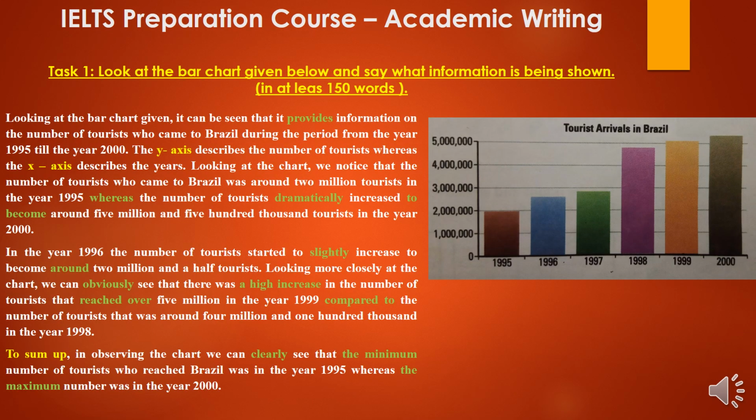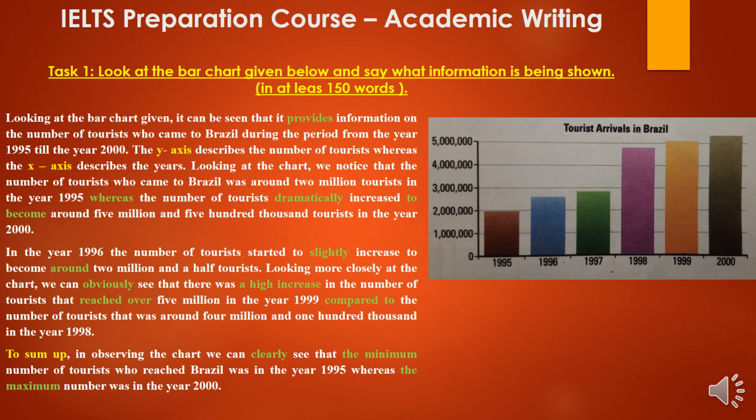Moving on to an example for Academic Writing Task 1. The task says, look at the bar chart given below and say what information is being shown in at least 150 words.